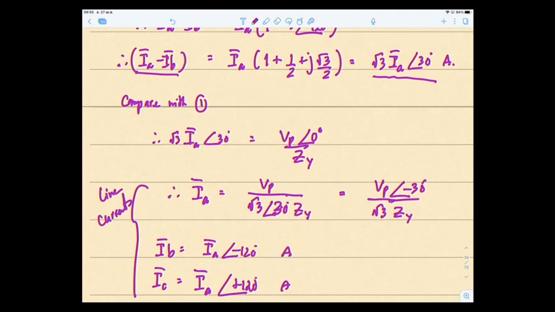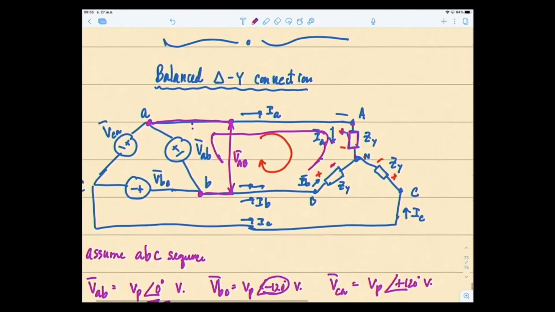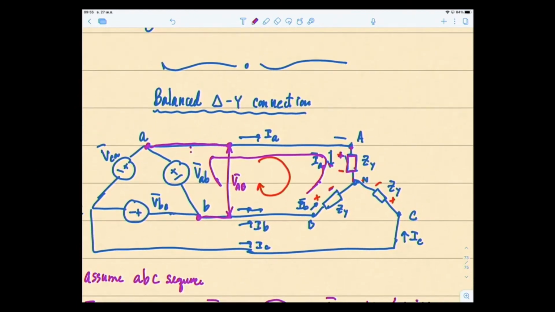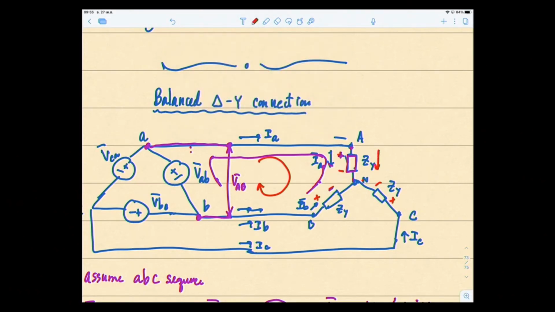What about phase currents? In this case, when we talk about phase current, we mean the phase current on the load side. So therefore this one right here. For the phase AN, it's IA. For phase BN, it's IB. For phase CN, it's IC.